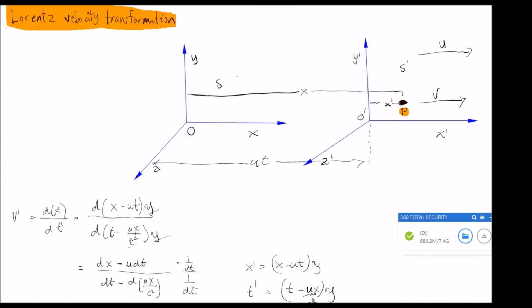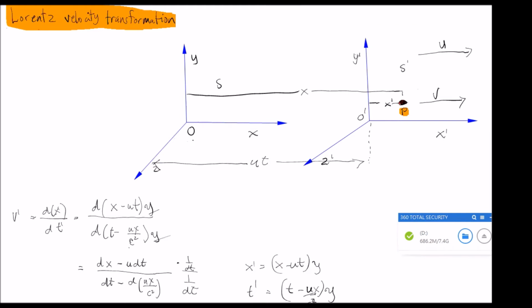The Lorentz velocity transformation is also known as the relativistic velocity addition. Okay? So V here is the speed of the event observed in the S frame.